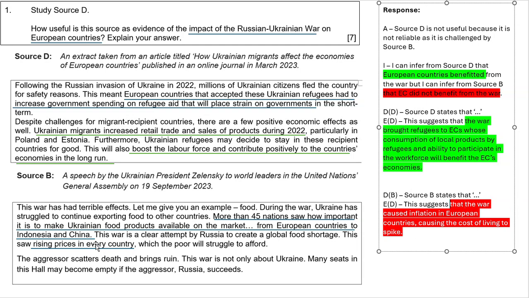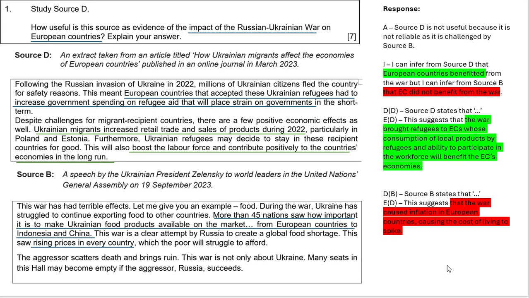Because of the idea of rising prices in every country, which also affects countries like Europe, because of the shortage of food products. So this caused the cost of food to increase, and hence causes this inflation and increase in cost of living. Okay, so this is an example response of a cross-reference level.